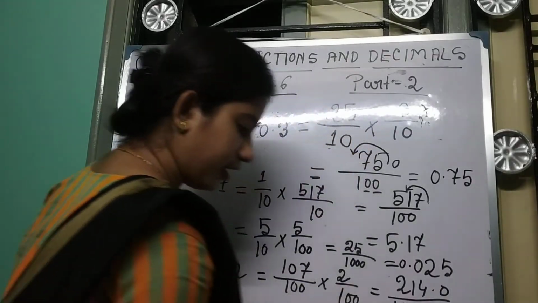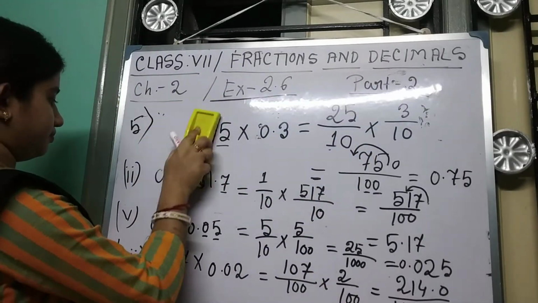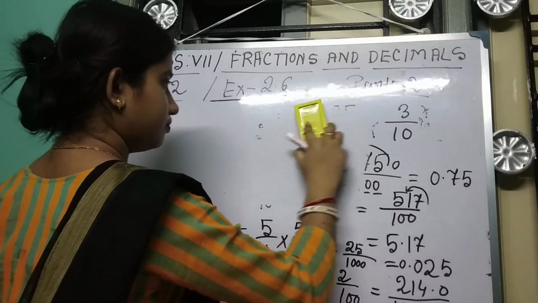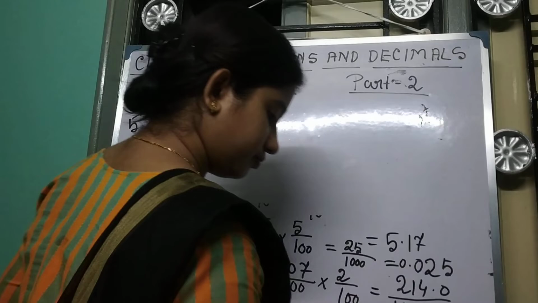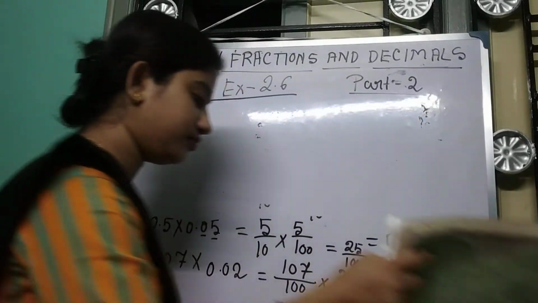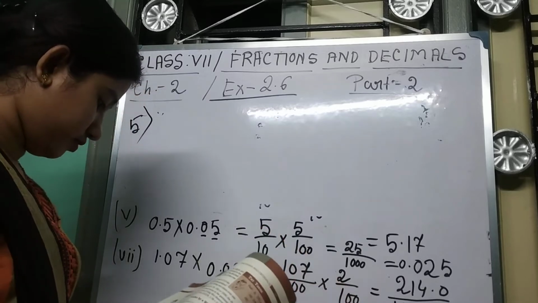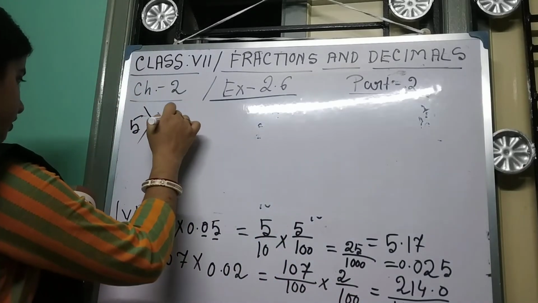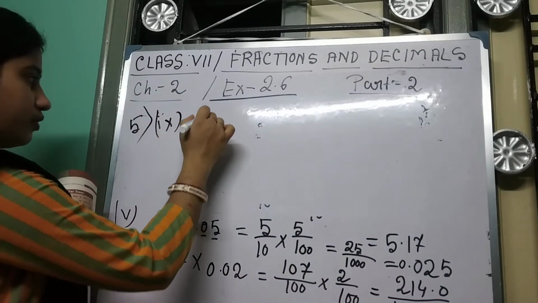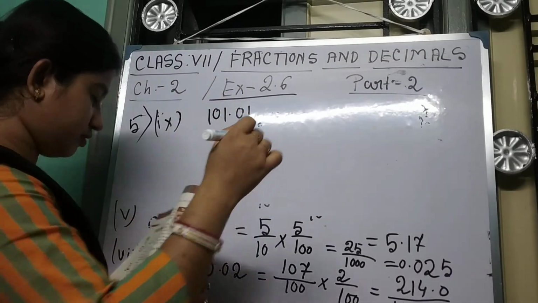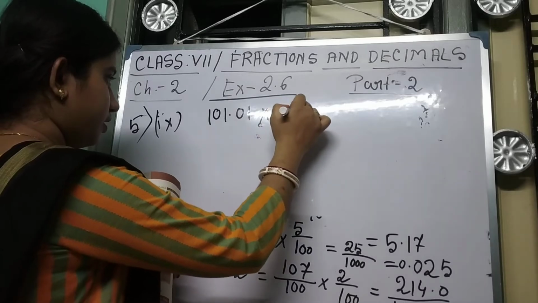Now next number 9. Number 9 is given 101.01 into 0.01.